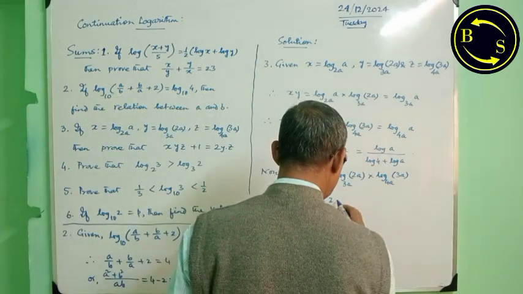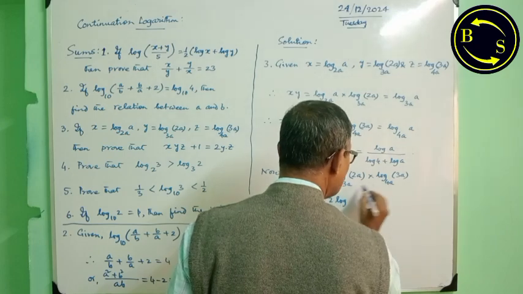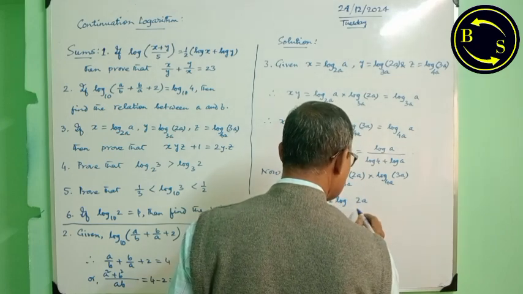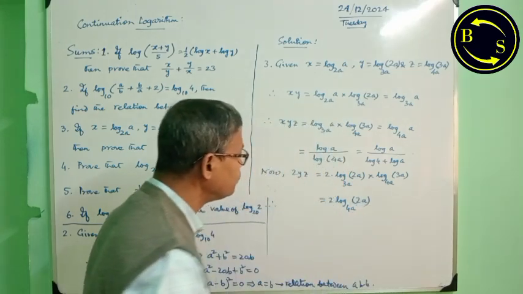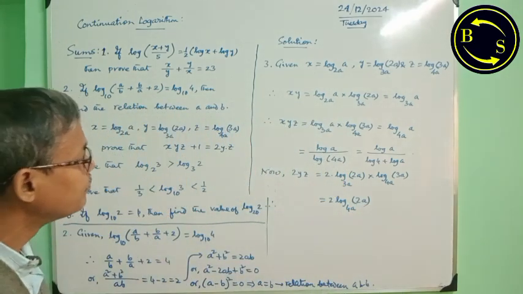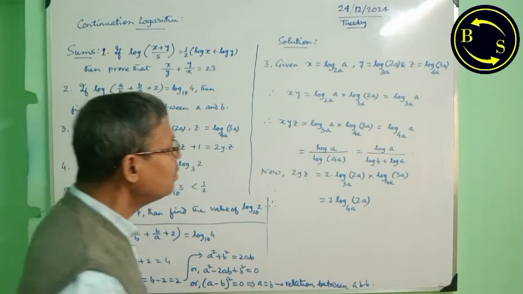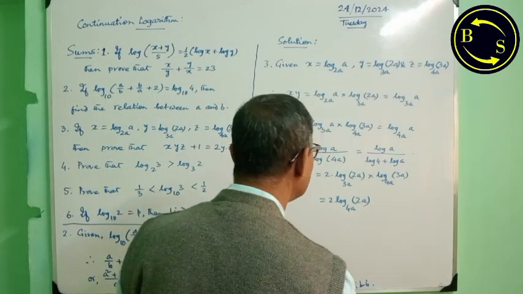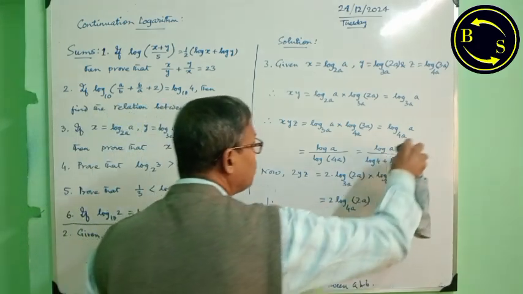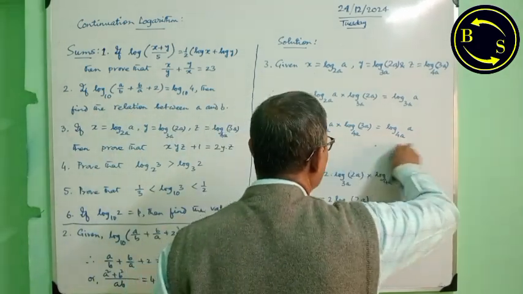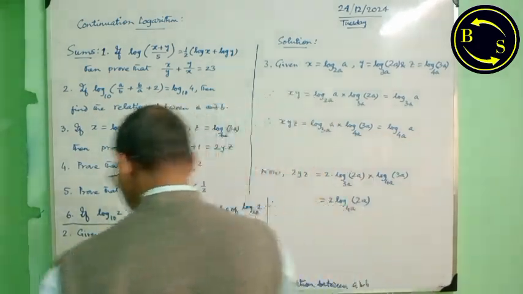Therefore, it will be 2 log of 2a to the base 4a. Better I rub this one and calculate the left hand expression.